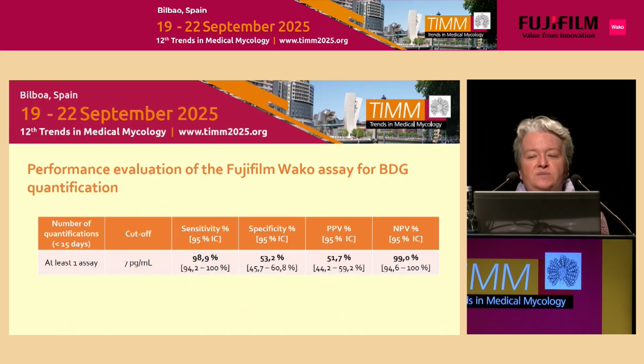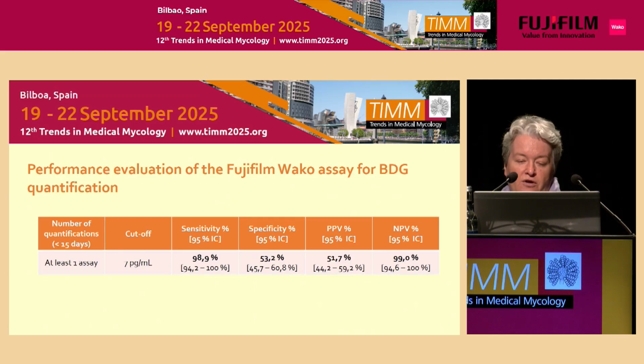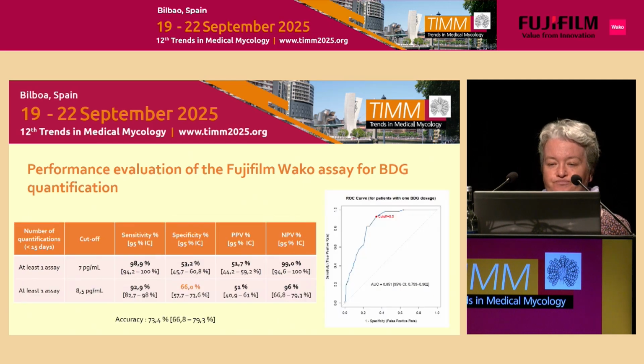We assess the performance of the Fujifilm Wako test in our population using the manufacturer recommended threshold of 7 picogram per ml. We consider only one measurement per patient. We observe the following results. Sensitivity and negative predictive value were close to 99%, and specificity and positive predictive value were above 50%.